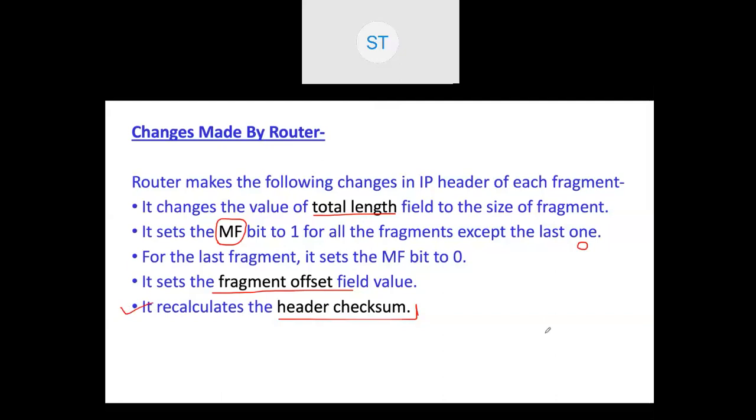Okay, now question. If a station receives a datagram with MF equal to 0, what are the possibilities?